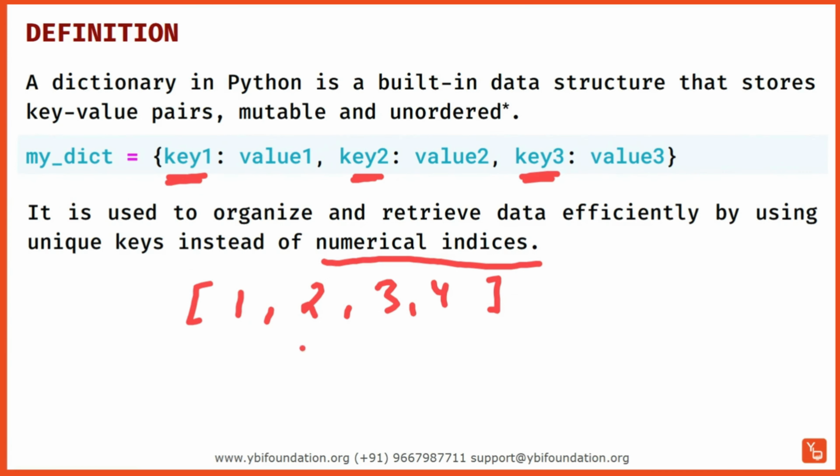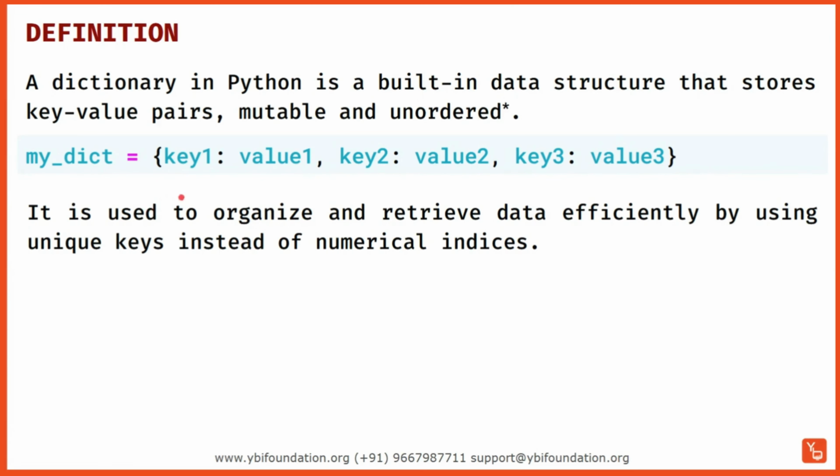If we have to retrieve, say, 2, we know that the index of 2 is 1. So we use the index to retrieve an element from the list, and the same is true for the tuple, which is created using round brackets. But in the case of a dictionary, we retrieve using the keys.